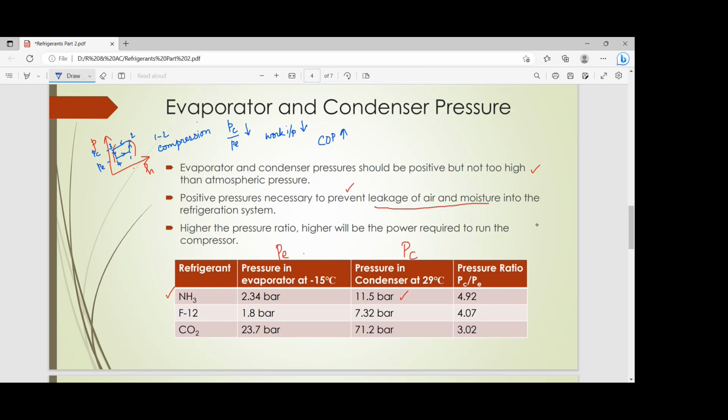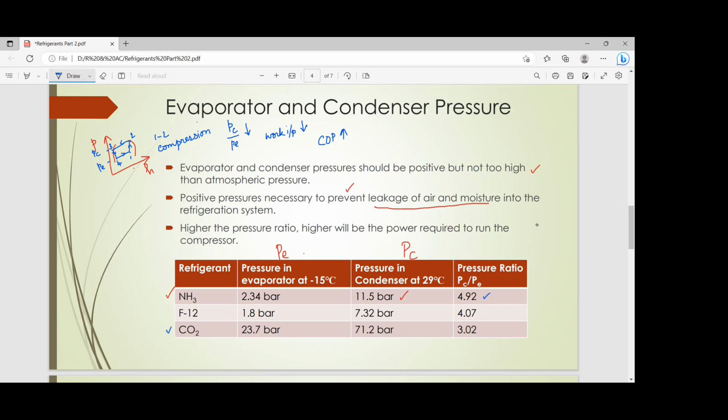So that is what we intend to do. The higher the difference in the pressure levels, say this is 11.5 bar and this is 2.3 bar, here I have the pressure ratio as 4.92. So when you have much of a difference between the pressure levels, the pressure ratio is going to be huge.